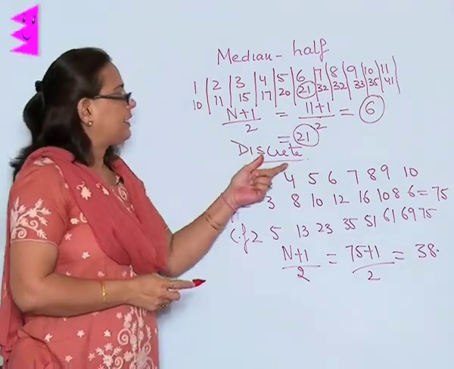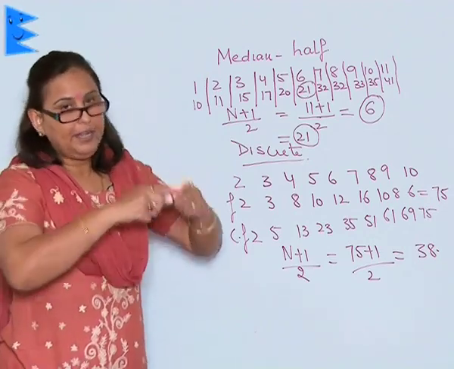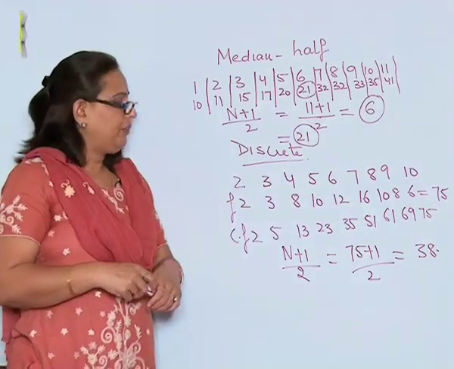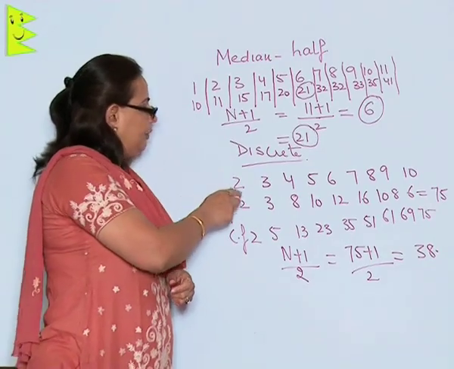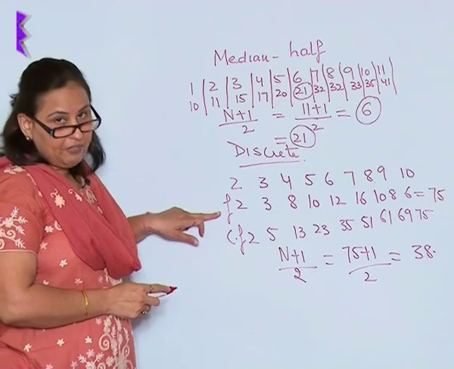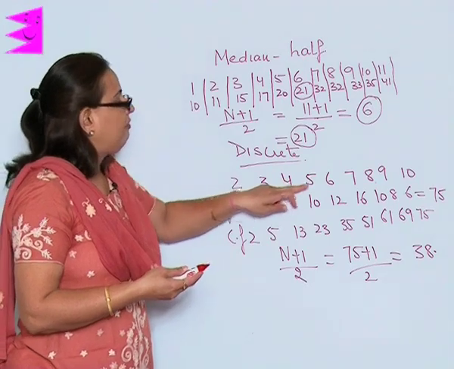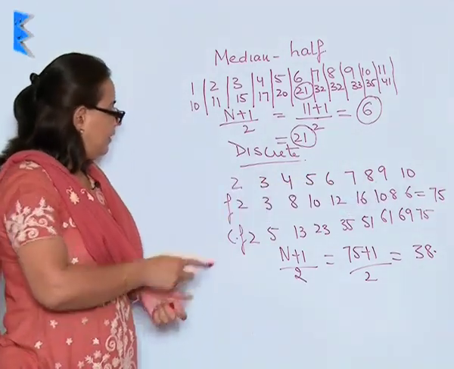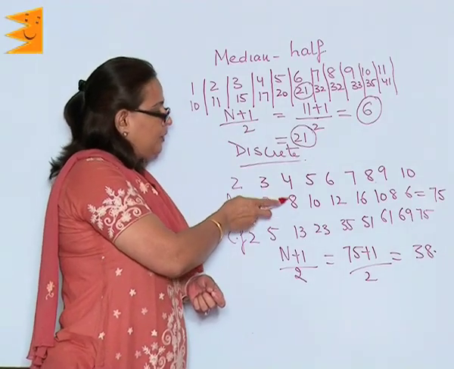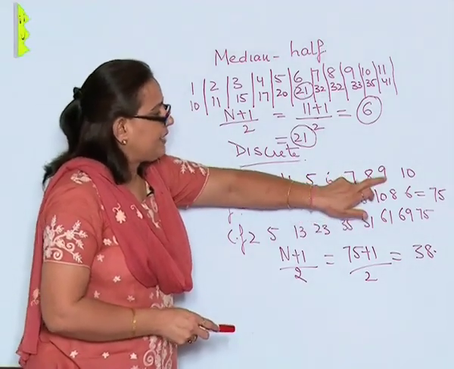Now, let me talk of the discrete series. In the discrete series also, you will always have to put it in either ascending or descending order, and you cannot keep it in the raw form. For example, here we have marks 2, 3, 4, 5, 6, 7, 8, 9 and 10, and the frequencies, the number of students who obtained these marks, are 2, 3, 8, 10, 12, 16, 10, 8 and 6.